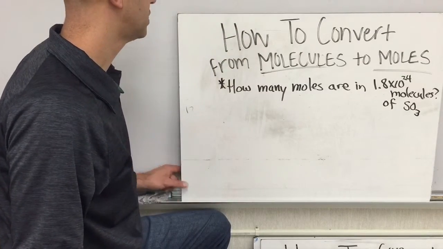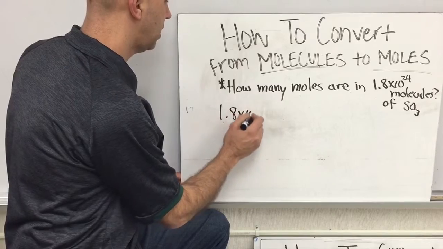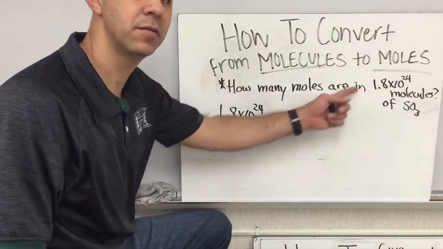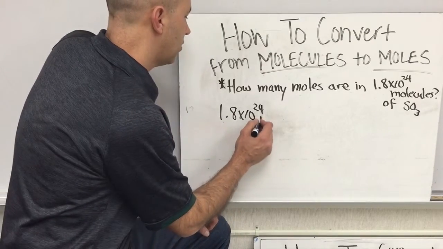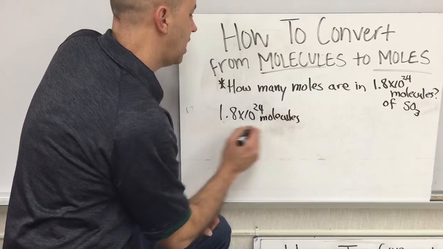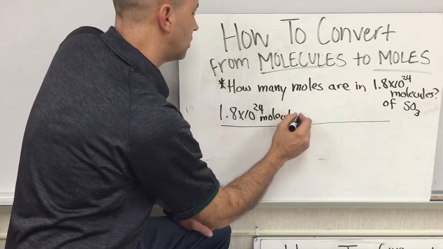Okay, so this is what we're going to do. I'm going to take 1.8 times 10 to the 24. I didn't mean to use the exact same number that I started with on the last problem, but that's cool. Okay, molecules. So I take what's been given to me in the equation, and this is molecules of SO3.